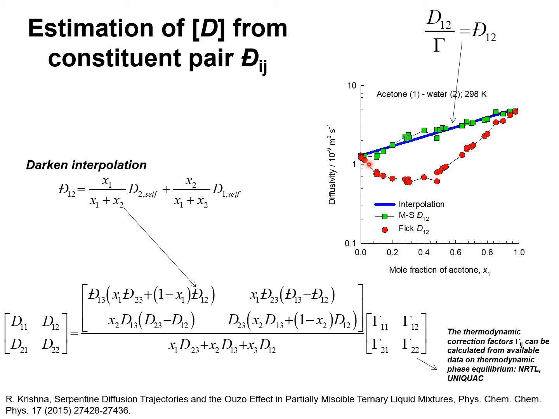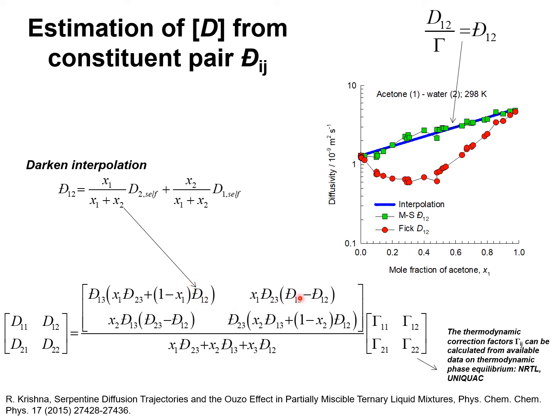By dividing the Fick diffusivities by the correction factor gamma, we obtain the Maxwell-Stefan diffusivities, and the Maxwell-Stefan diffusivities indicated by the green squares show a predictable composition dependence, and these can be estimated, say, using an interpolation formula on the basis of the self-diffusivities at either end of the composition range.